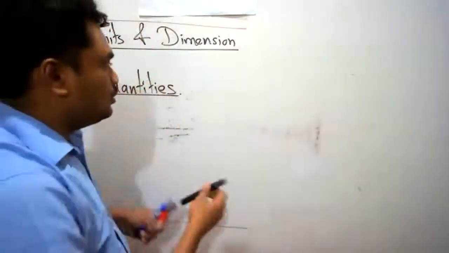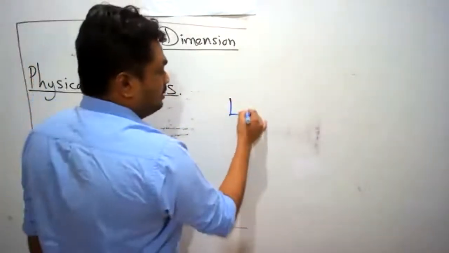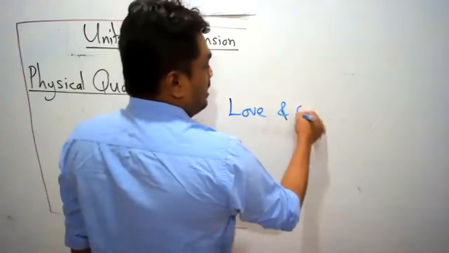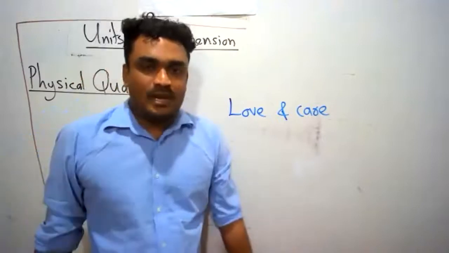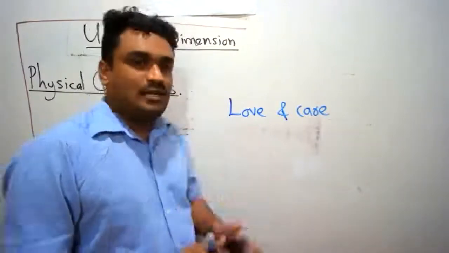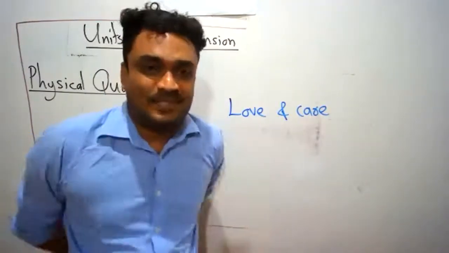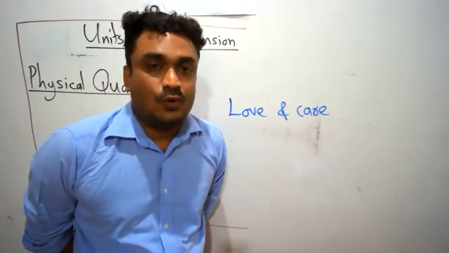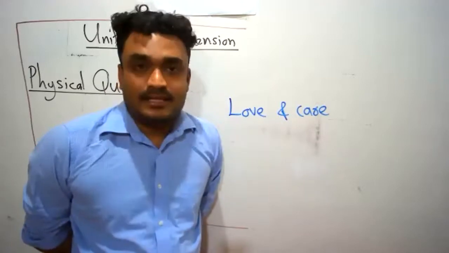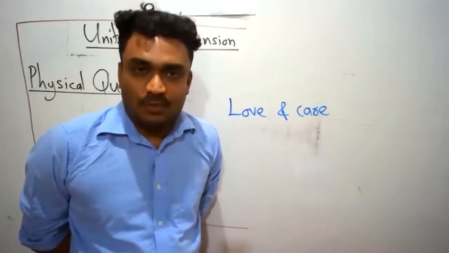If I ask you to measure the love and care of your parents, can you measure how many kilograms of love is given by your parents? Can you measure? No, sir. No.